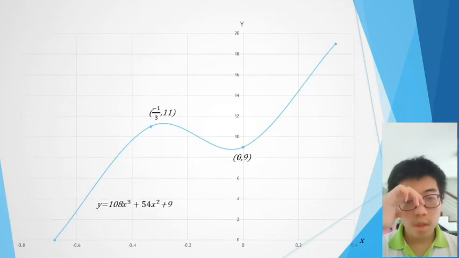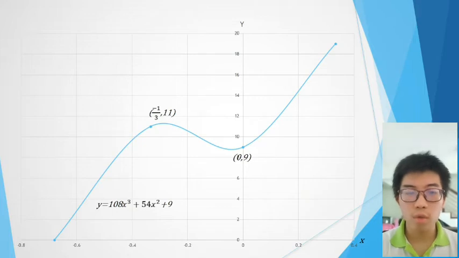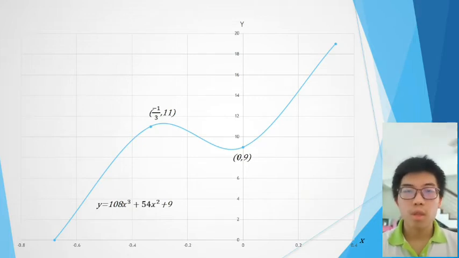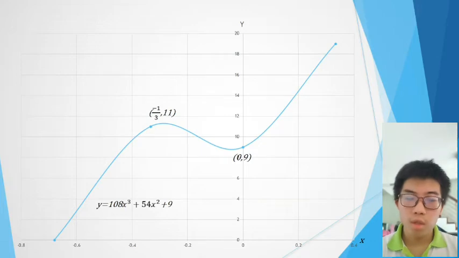At last, let us see how to draw the graph. At first, we know that we have two stationary points, the coordinates (-1/3, 11) and (0, 9). So we have one maximum point and one minimum point.